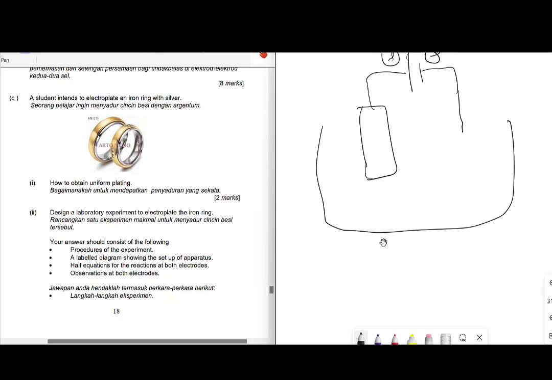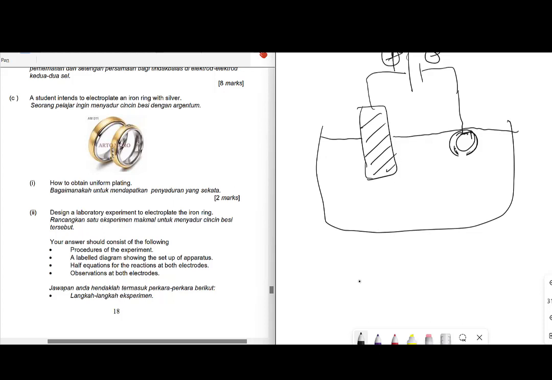So which one should be your ring? One is plus, one is minus. So of course the ring, you have to put it here. So let me draw a ring over here. So this is my ring. Make sure also the ring is fully immersed in the electrolytes, something like this.